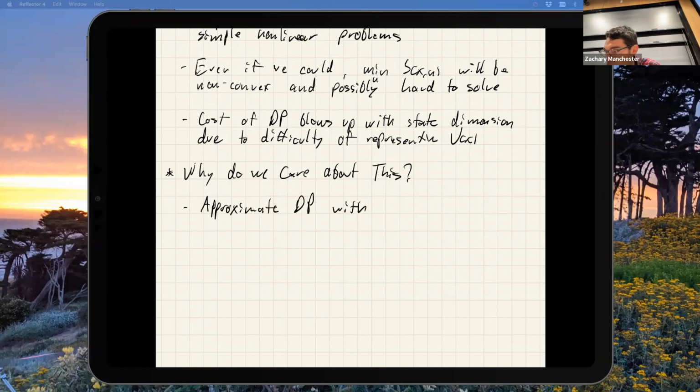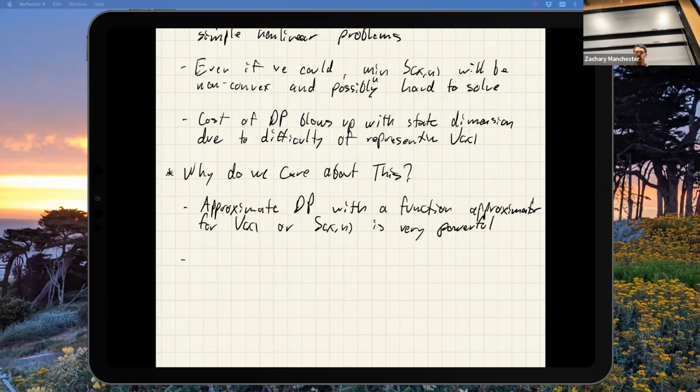So that's one idea. The other key idea is that DP generalizes to stochastic optimal control problems where Pontryagin stuff does not.